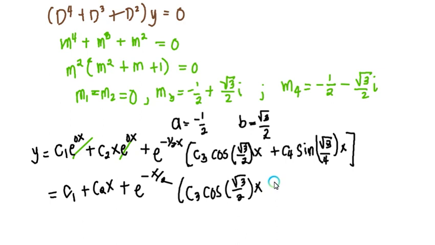Then I have plus C4 sine square root of 3 all over 2x. Oops, square root of 3 all over 2 gali sa ulihi nga sulat.